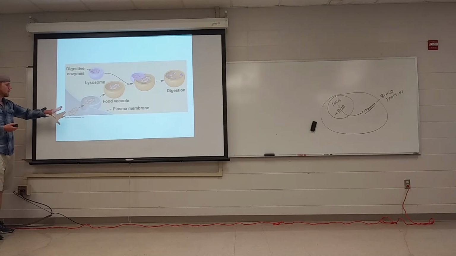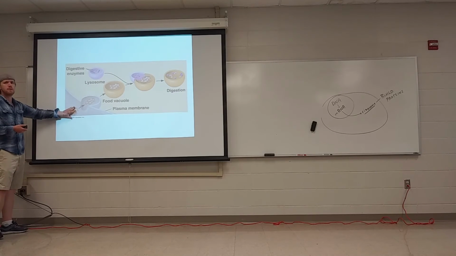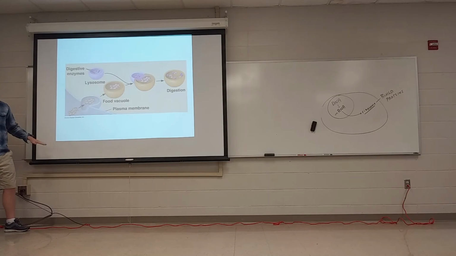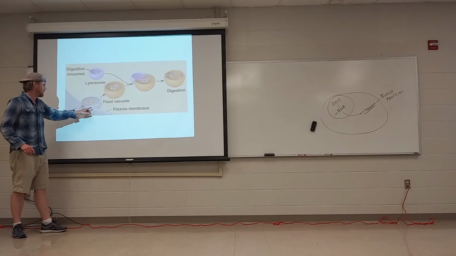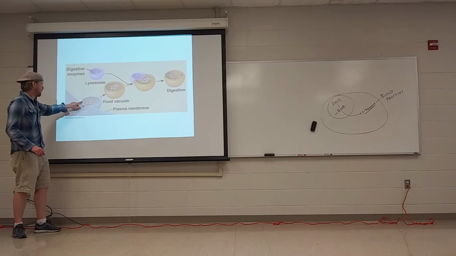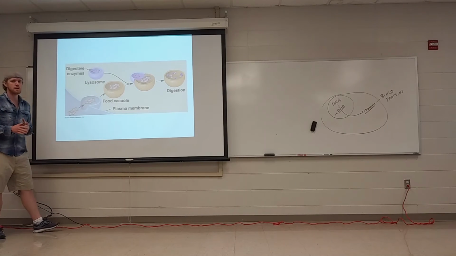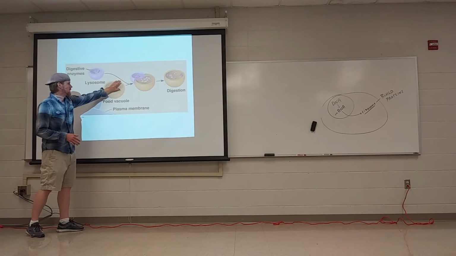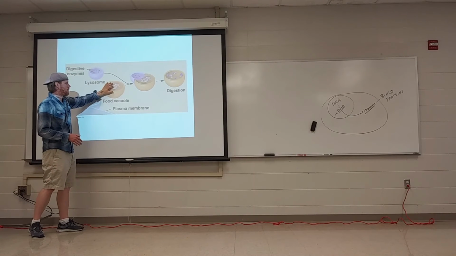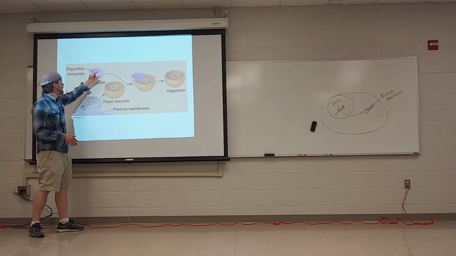So here is what's left of the food that you consumed by the time it's going to enter the cell. Here is the cell's plasma membrane. That membrane is going to form a vacuole, which is, remember, just a large vesicle, which is going to create this little sac of membrane, this compartment containing the food.